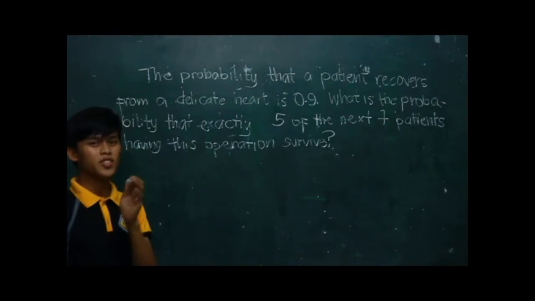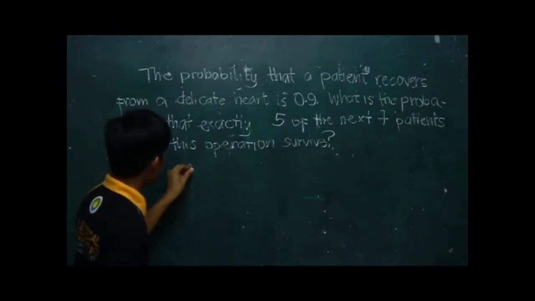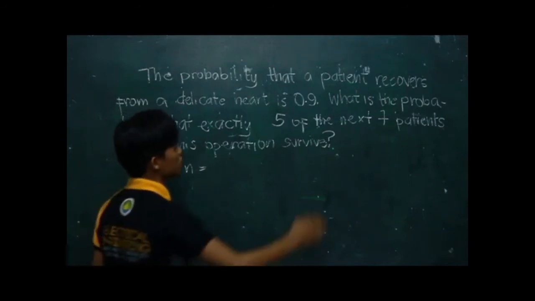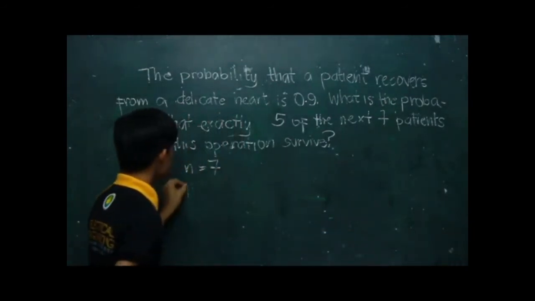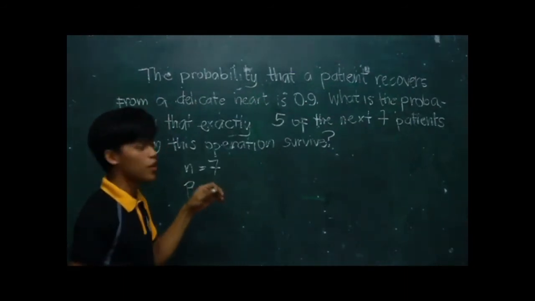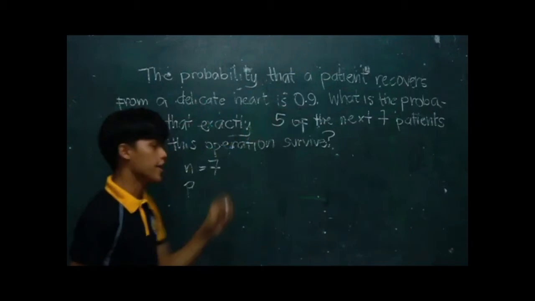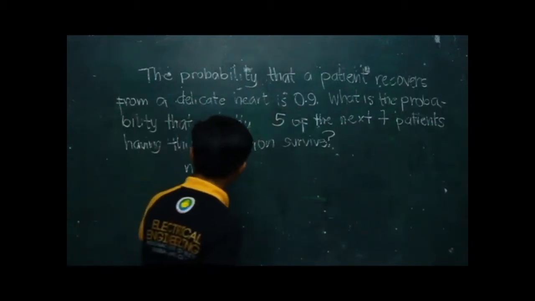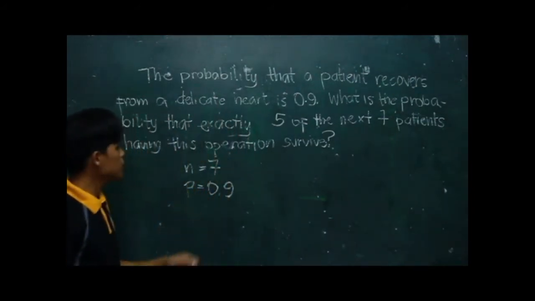First, we will consider the number of trials. So n, the number of trials we have here, is 7. Next is the given probability of the problem, which is 0.9. So let's input the given values.